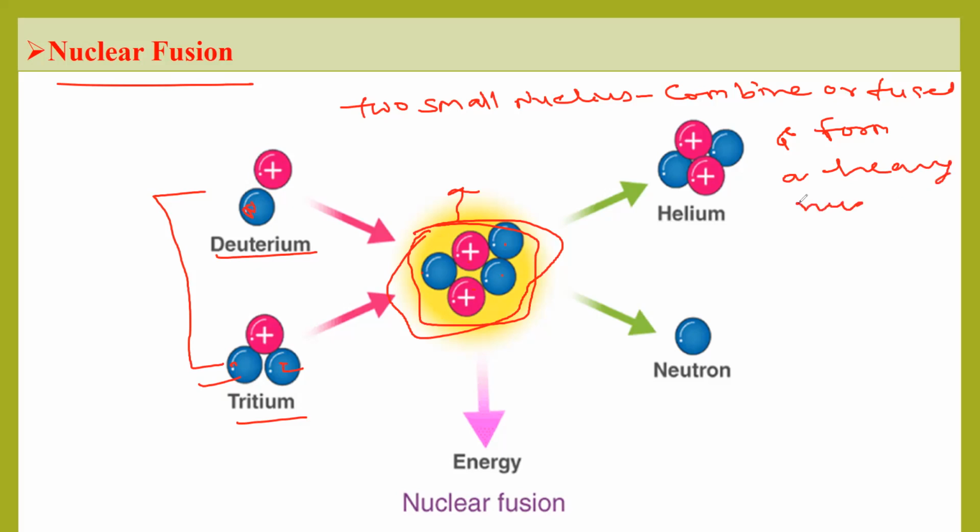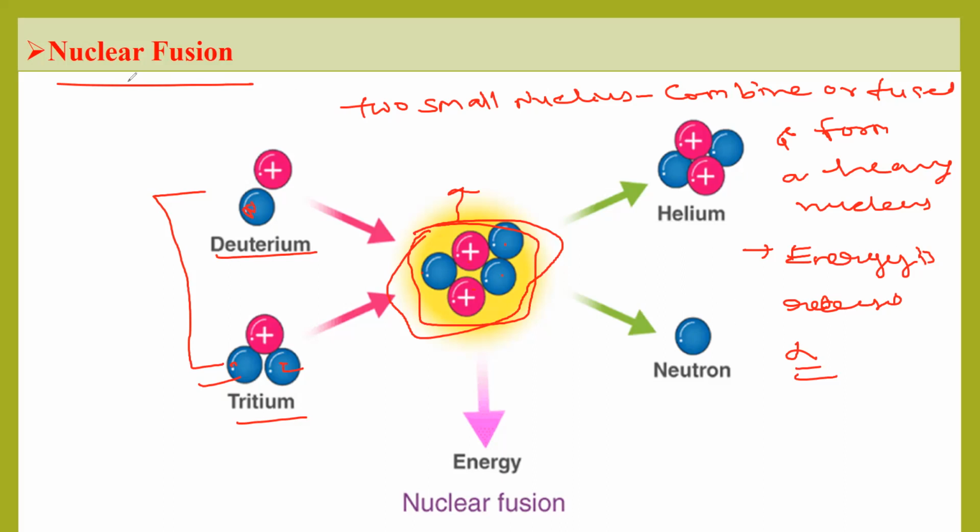During this process, a high amount of energy is released, and small subatomic particles like alpha particles, maybe beta, maybe gamma, or neutrons can be released.